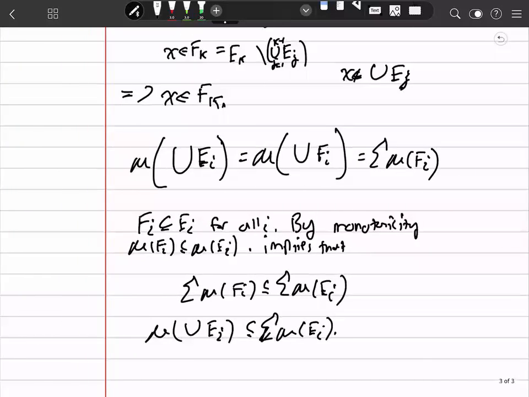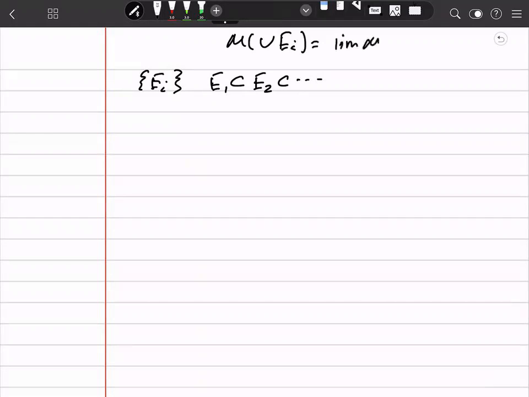Now we want to prove continuity from below. If we have a nested sequence of sets, we want to show that mu of the union of e sub I is equal to the limit of mu of e sub I as I goes to infinity.